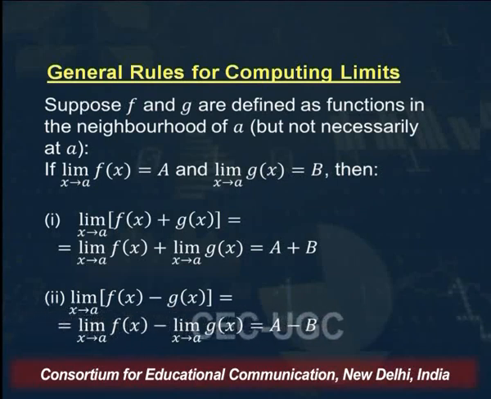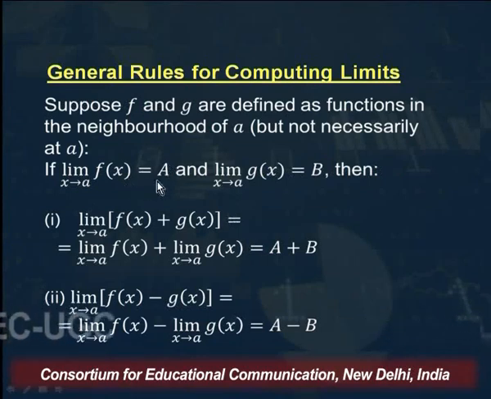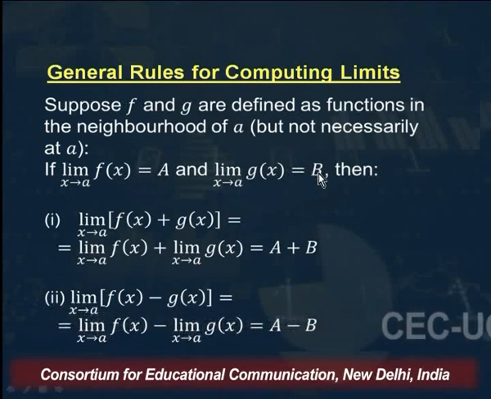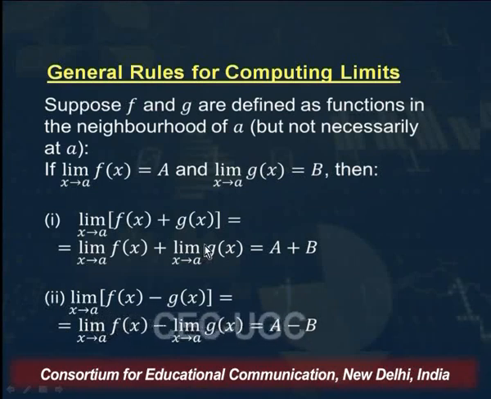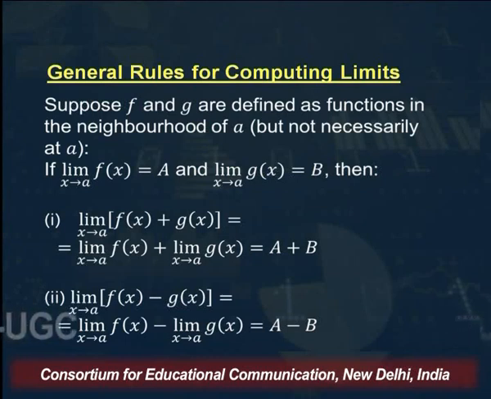They should be defined in the neighborhood of a. And we have that the function f tends to capital A as x approaches lowercase a, and the function g approaches capital B as x approaches a. Okay. Then we have the first property. Here I'm not giving you the proofs for these rules, because these proofs hinge on the precise mathematical definition which we are going to develop later. So here you have to take these rules as given.